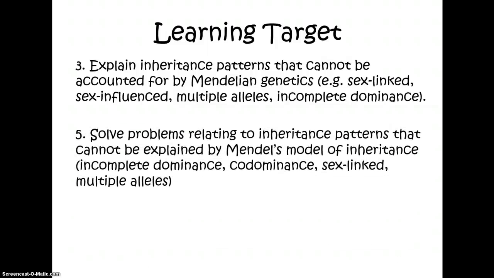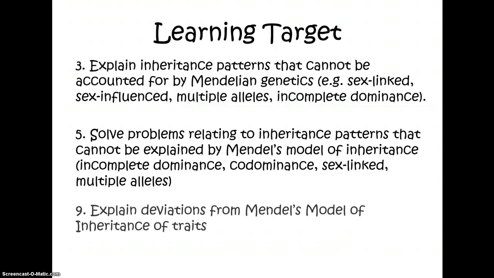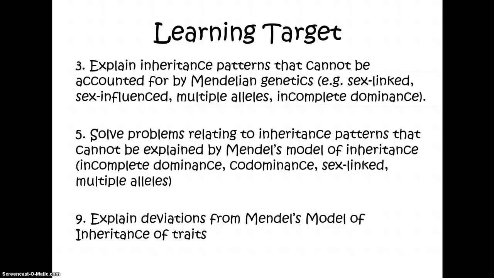We're going to talk about things like sex-linked, sex influence, multiple alleles, incomplete dominance, codominance. You're going to be able to solve some problems relating to those different kinds of models of inheritance that don't follow Mendel's models, and you need to be able to explain some of those deviations.